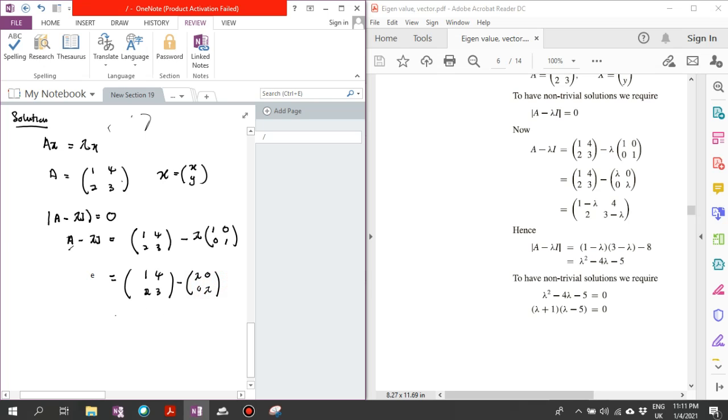Or in an easier way, it will become 1 minus lambda, 4, 2, 3 minus lambda. This is your second matrix.